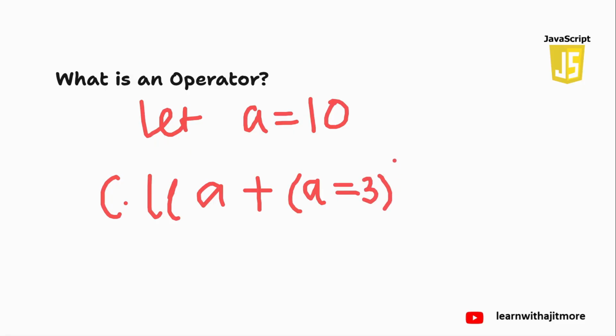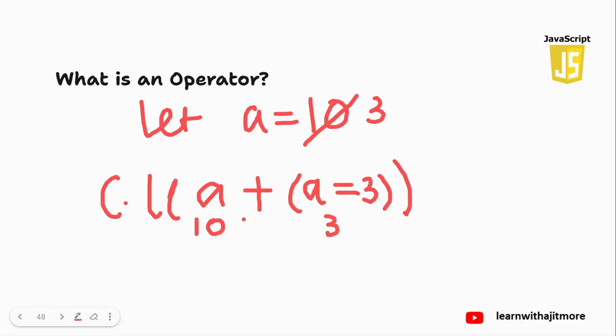Before performing the addition, both operands are fully evaluated. The value of a is 10, but on this side it stores 3 in a, and the result of the bracket is 3. Then addition takes place: 10 plus 3, 13.